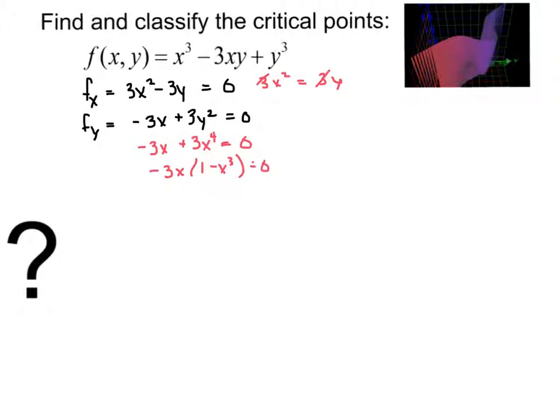So x is either 0 or 1. So that means that y is either 0 or 1. Okay, so we got a couple of points to check here. We've got 0, 0, and we've got 1, 1.